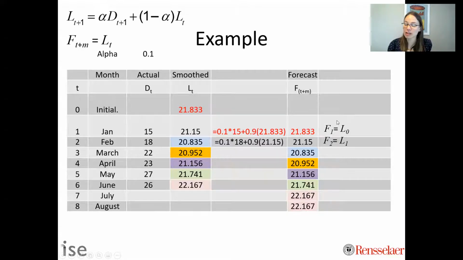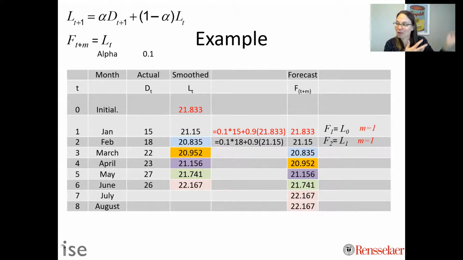In February, I'm going to use L of January. For both of those, I'm setting M to 1. This is sometimes known as a one step ahead forecast. We're just saying, one step ahead, what is our forecast?